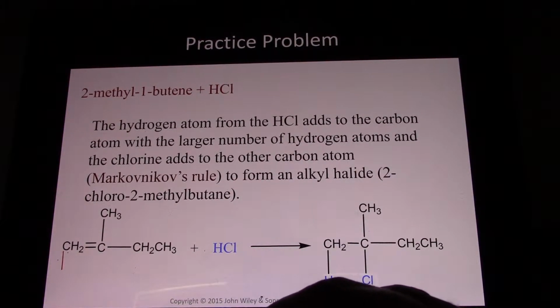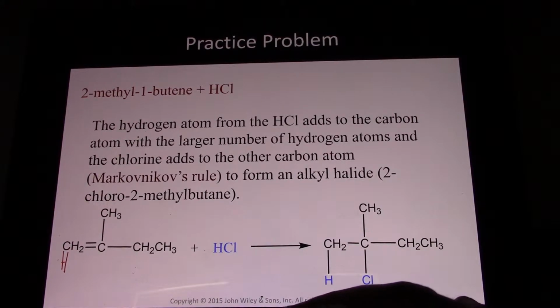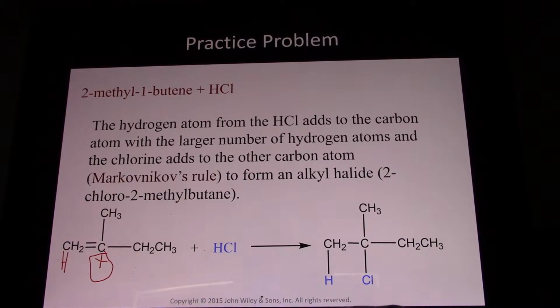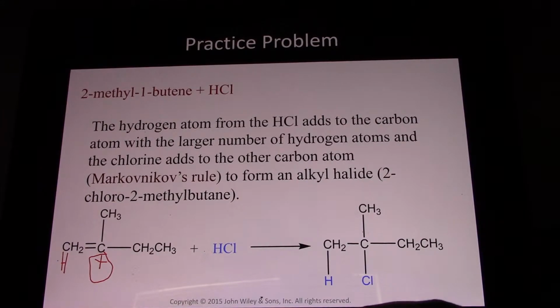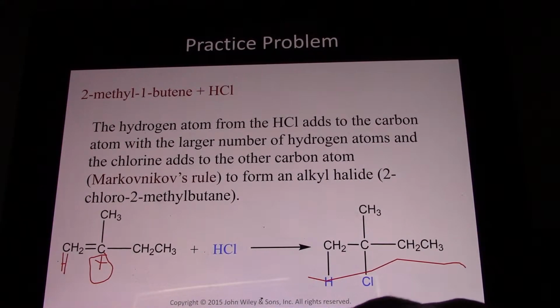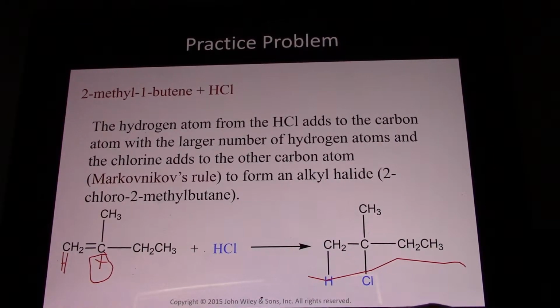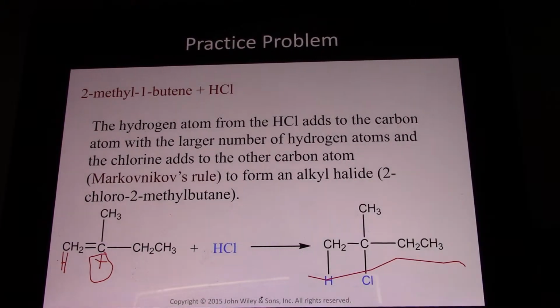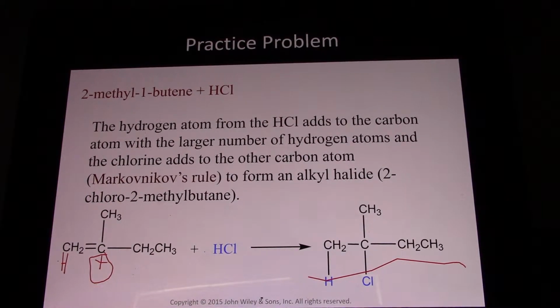You'd want the positive charge here because that's tertiary. That is the most stable carbocation, which is why the chloride minus attacks there. Because that carbon is tertiary, all of your product will be this one right here. Again, in Markovnikov's rule, the hydrogen goes to the carbon with the most hydrogens to form the more stable carbocation, which then accepts the anion.